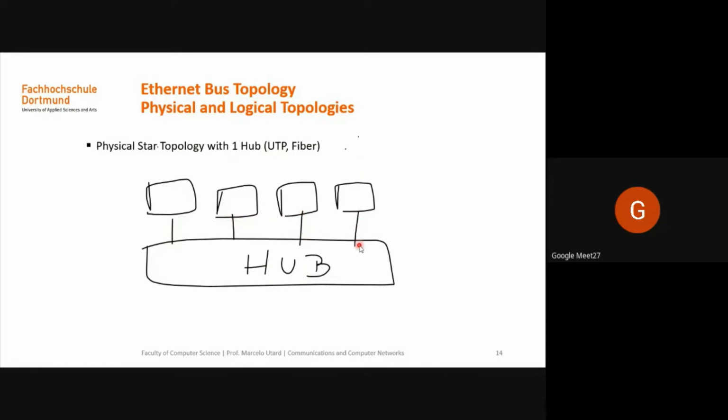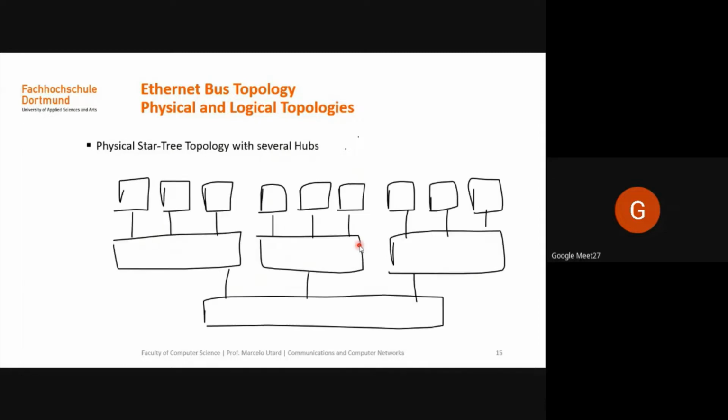Another scenario that is possible is the scenario where we use a physical star tree topology with several hubs. For instance, those are different hubs.